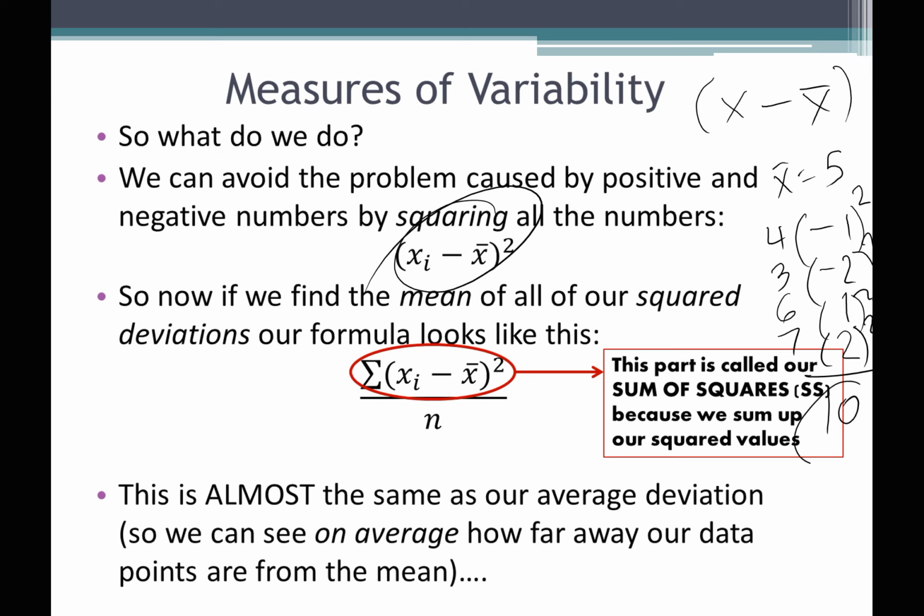And this was our SS. It was the sum of our squared deviations, the sum of squares. Hopefully that phrase sounds vaguely familiar, and that is exactly what we're talking about here when we're talking about SS. We're again talking about deviations from the mean, and then squaring them and adding them up.